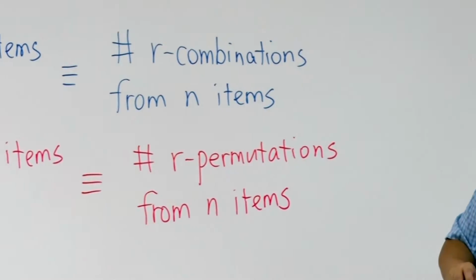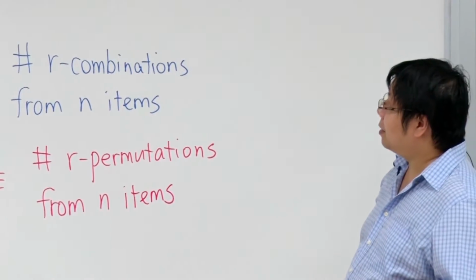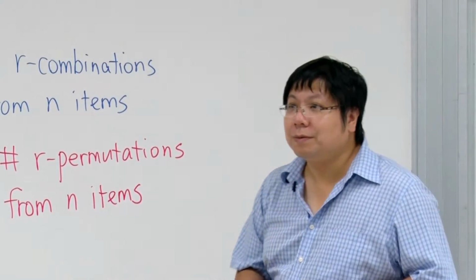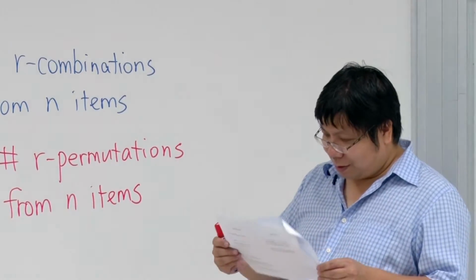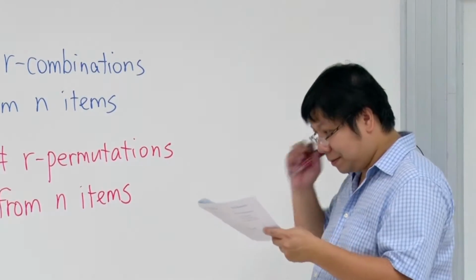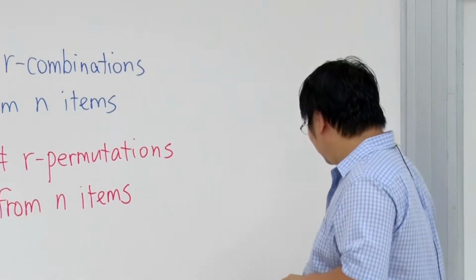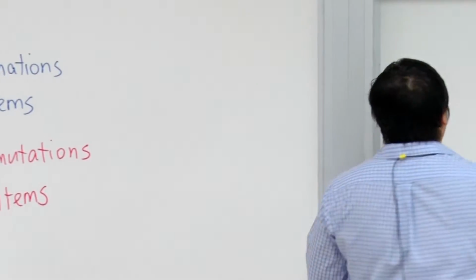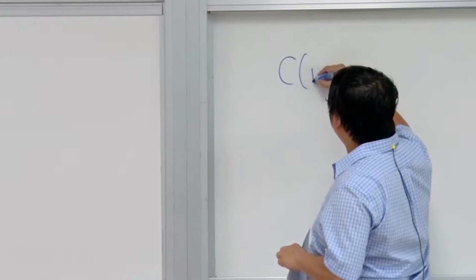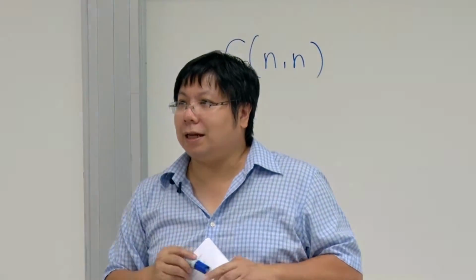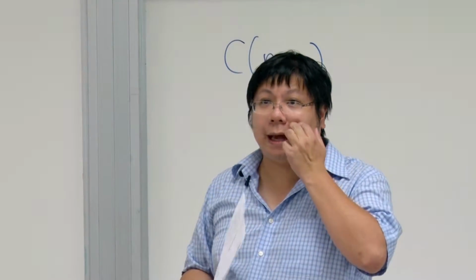So far we have not talked about how to calculate these numbers. But we can still do some simple calculation of special cases. Let us find the value of C(n, n), where n is some number greater than 1. What is the number of ways to select n items from n items?